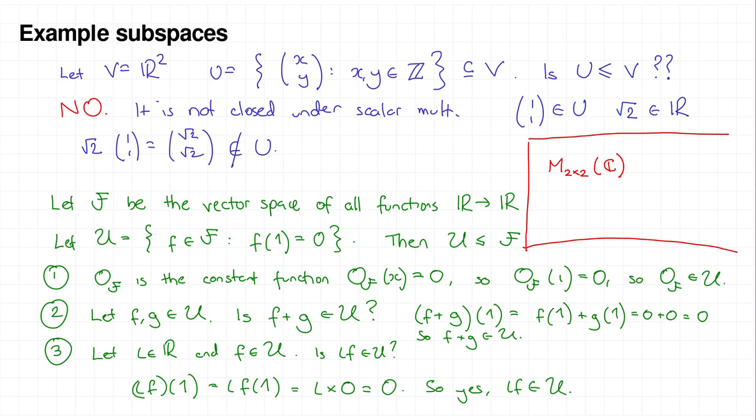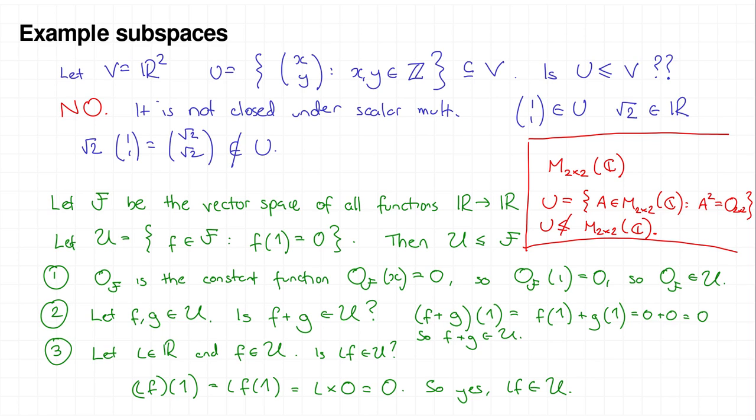Let's let U be the subset of this vector space of 2 by 2 complex matrices consisting of all matrices A such that A squared is the 0 matrix. Well, I'll tell you for free that U is not a subspace of M 2 by 2 of C. But I'm going to leave it to you to figure out why that is.